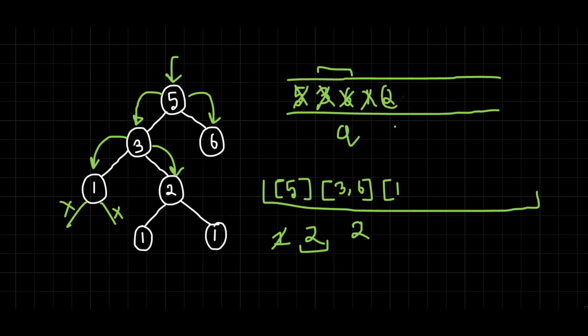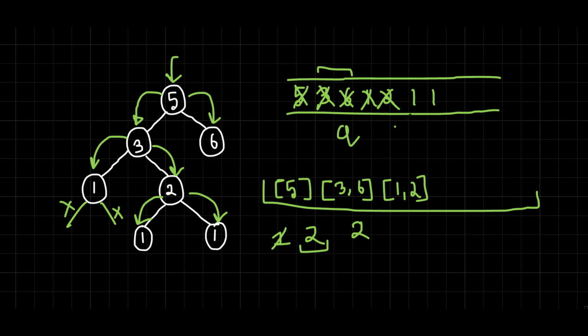Now we insert 2 into the vector, and 2 has a left and a right child, so we insert both of them, which are 1 and 1. Then we remove 2 as well. So it is the third level actually, it's my mistake. The third level is 1 and 2.